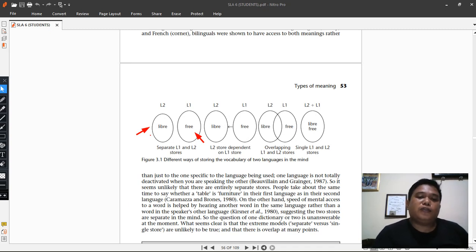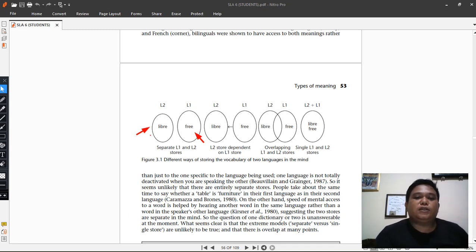Okay, and this is the L2 store dependent on L1 store. This is when you teach vocabulary by using translation and memorizing. So the students will try to consult the first language before they speak in the second language. Well, they will speak slowly, because in their mind there is a lot of process, like consulting the first language first, then translating into the second language, then thinking about how the grammar works, and then they will start to speak to you in English.